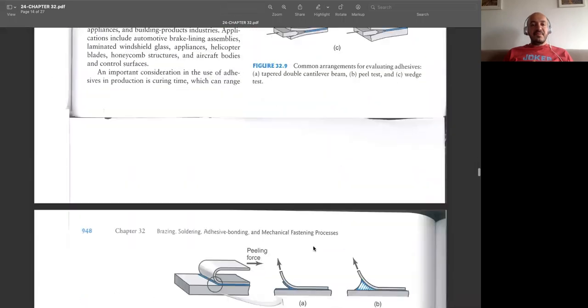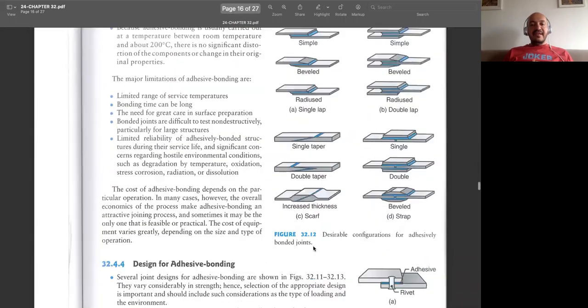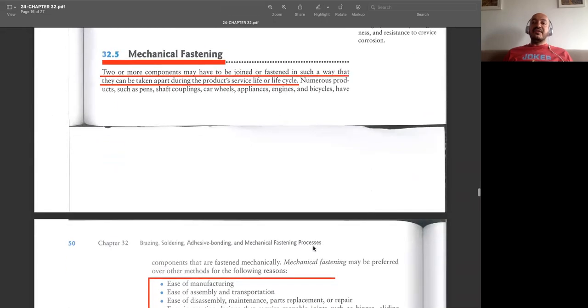Now we have the last group of joining processes in this chapter. They are all about mechanical things, and we use bolts, nuts, and screws. With the help of these, the service life of the product, the assembly, is improved.